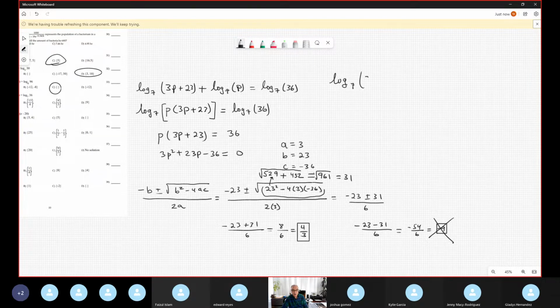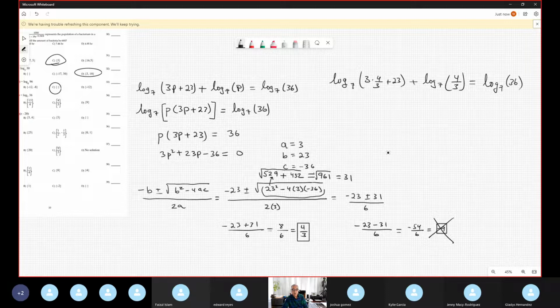This is 3 times x, plus 23, plus logarithm base 7 of 4 over 3 should be logarithm base 7 of 36.